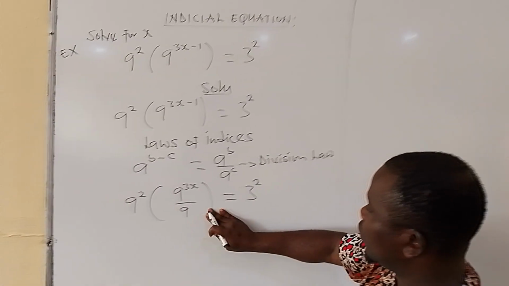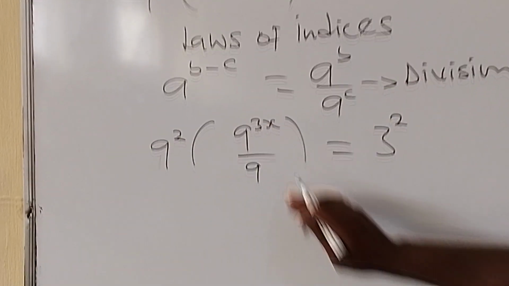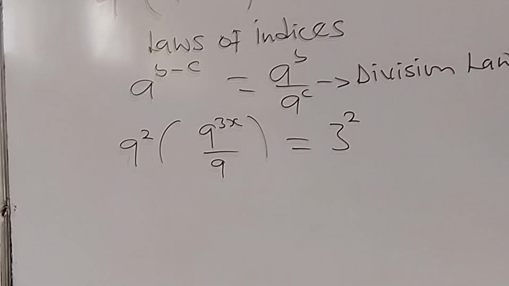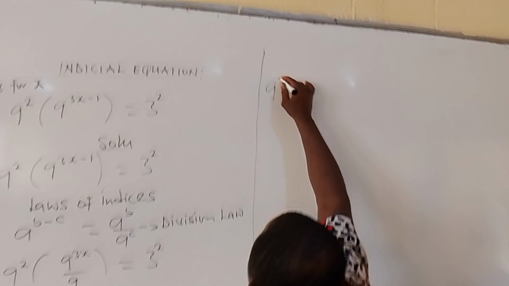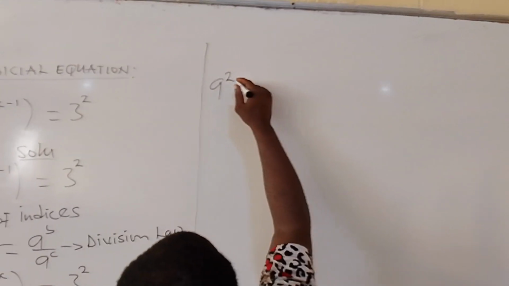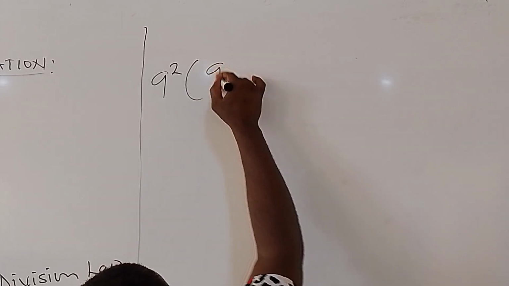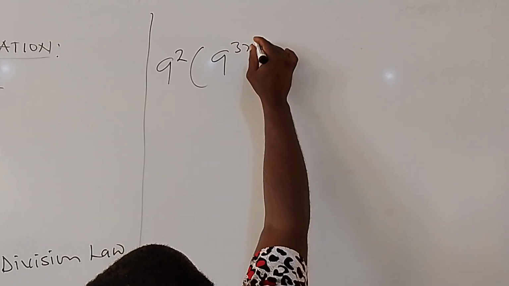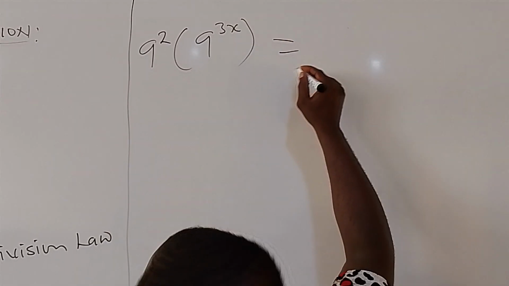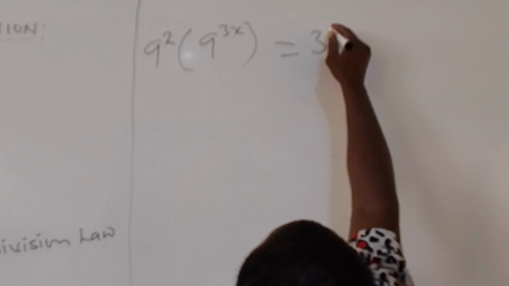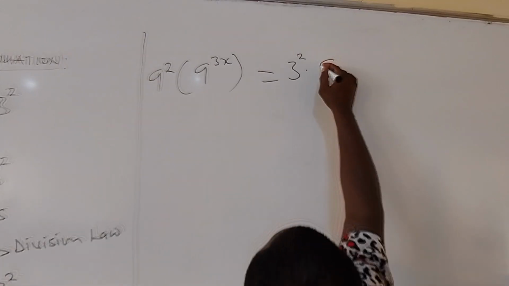Now what we need to do is cross multiply. The left side will now be 9 raised to the power 2, all in brackets, 9 raised to the power of 3x, equals 3 raised to the power 2 times 9.